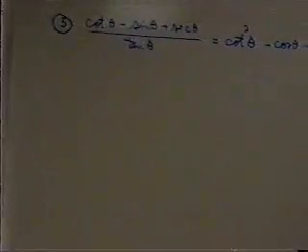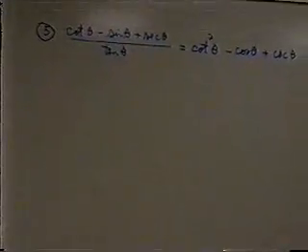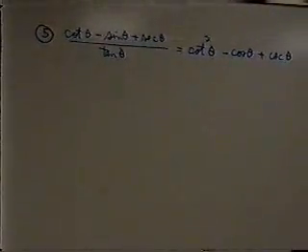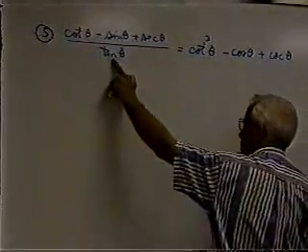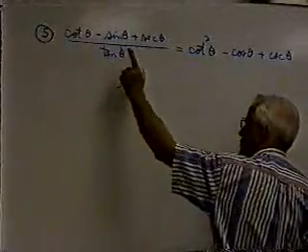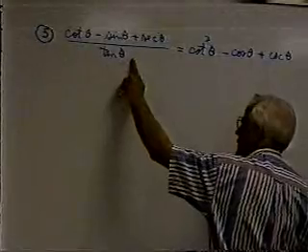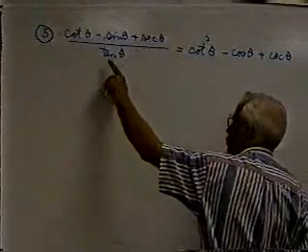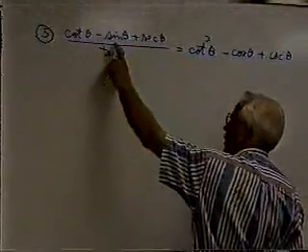And please hear this. Listen. Here's a concept in mathematics that I have a hard time getting across to students in lots of different ways. If you have a single term in the denominator, no addition or subtraction, and you have a bunch of addition or subtraction on the top, what you do is put each numerator term over that denominator.